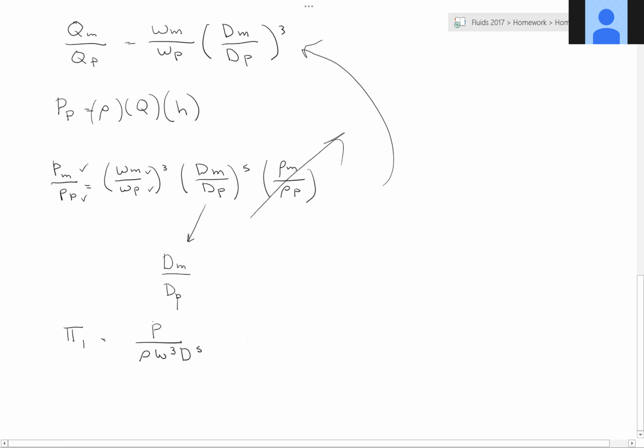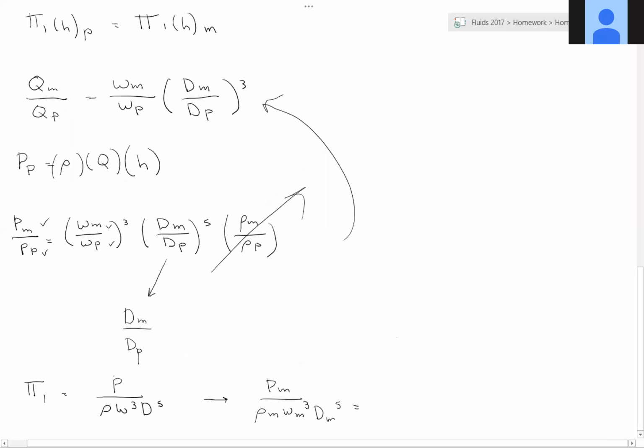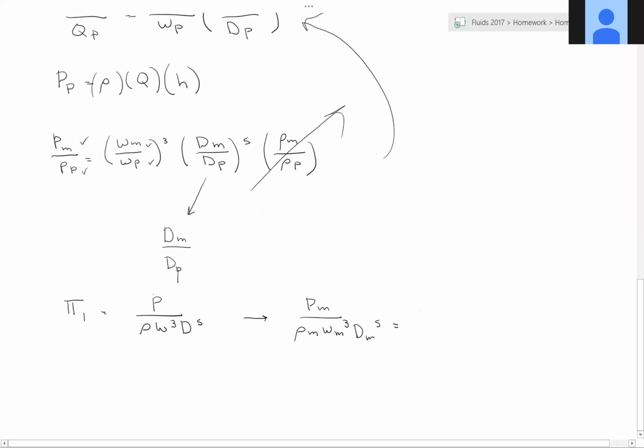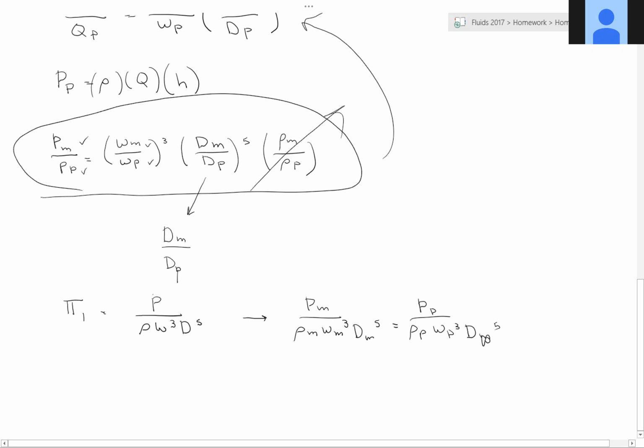And because they're similar, what that means is this is equal, and the m is the model, and now this is the prototype. And so now what we did was rewrite it, sorry, this is prototype, in this. And that's how we were able to solve for the ratio. Does that make sense?